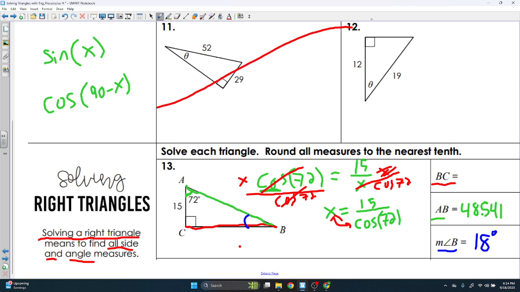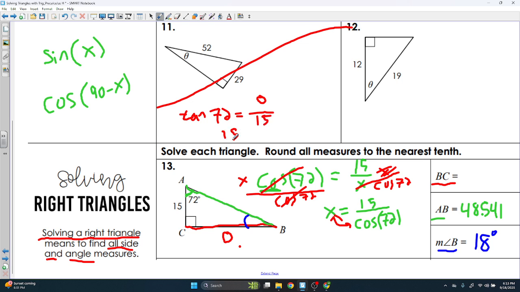Okay, BC. So we could again use 72, or we could use the 18 degrees. Doesn't really matter. But if we use 72, it would be, let's do O for opposite, and then adjacent. So tangent of 72 is opposite over adjacent.